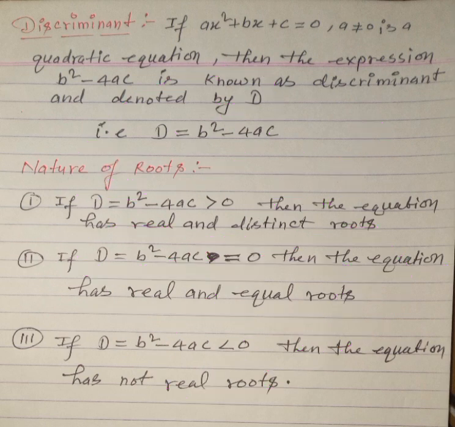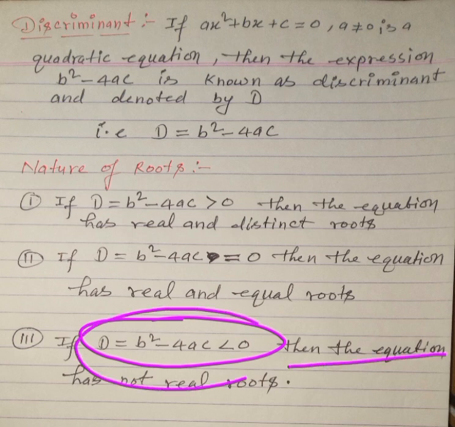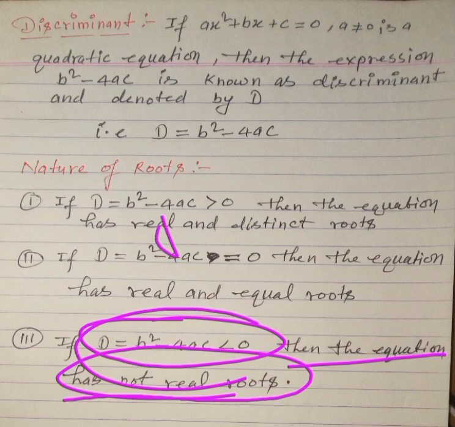Third, if D = b² - 4ac is less than 0, then the equation has no real roots. This means D < 0, that means D will be negative.